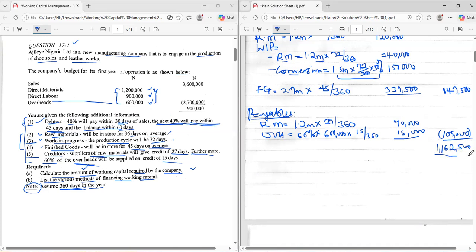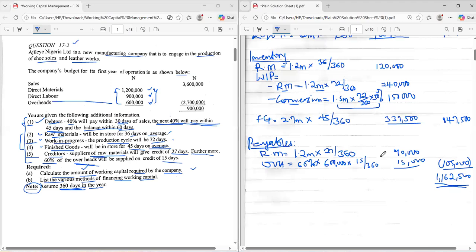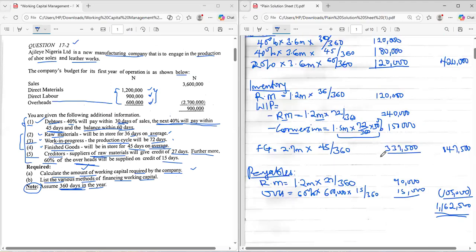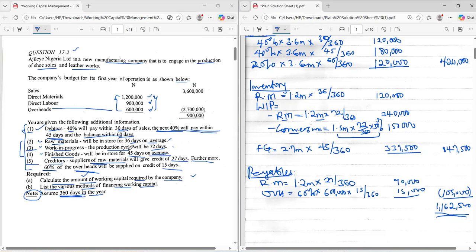Who can interpret this answer for me, please? That's our working capital. That's your working capital requirement. Exactly. That's the amount we need for working capital. Thank you very much. That is all.